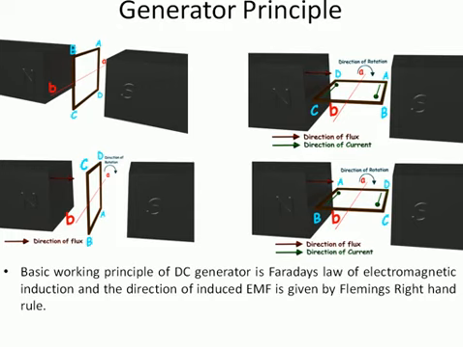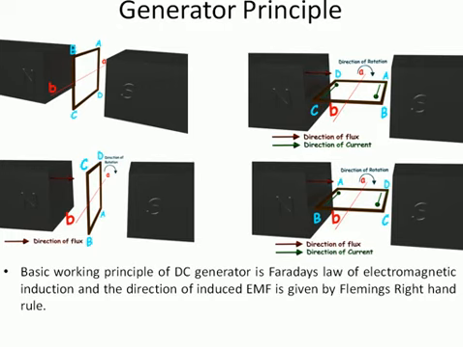If you are trying to apply Fleming's right hand rule in this diagram, you will be able to identify the direction of currents in these conductors AB and CD. So let's see, this conductor CD is moving upwards, so definitely you have to point the thumb towards the upwards direction because the thumb indicates the direction of motion of the conductor. The index finger is from north pole to south pole because the index finger is indicating the direction of flux.